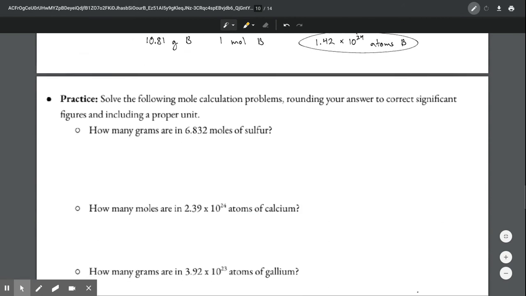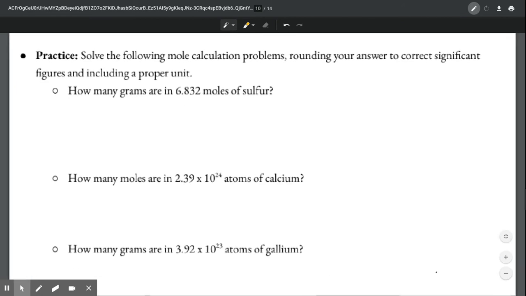So with a few more practice problems, if we want to see how many grams are in 6.832 moles of sulfur, we can start with what they're giving us, the amount of moles, so that's 6.832 moles of sulfur, and we have to get to grams, so we're only going to need the calculation that converts moles to grams.